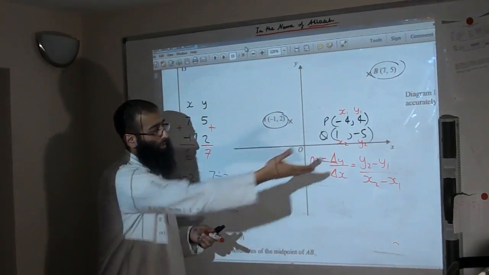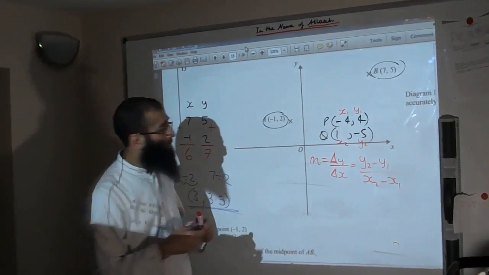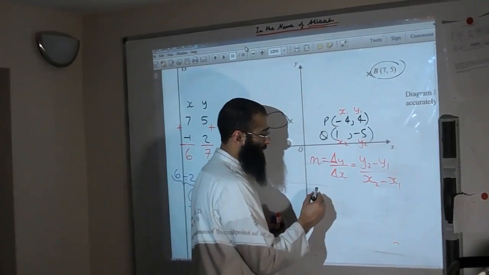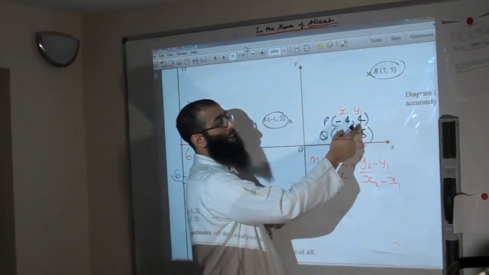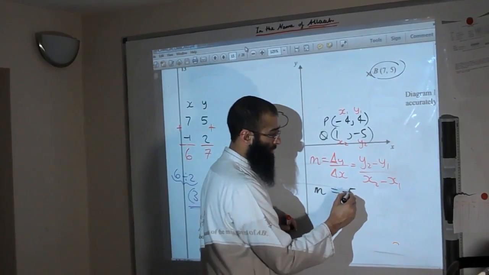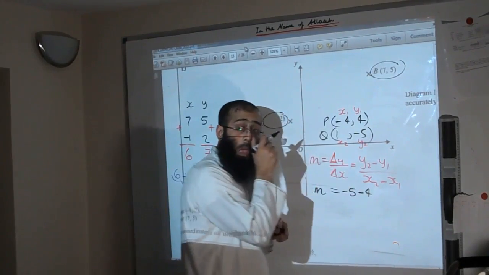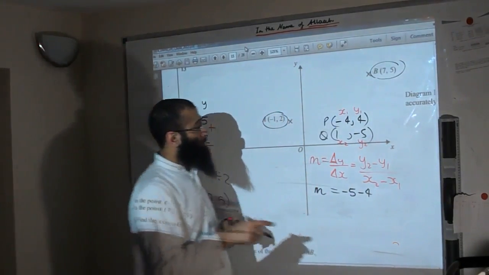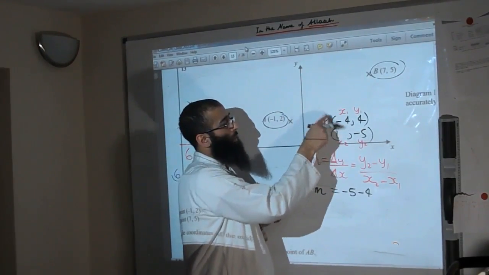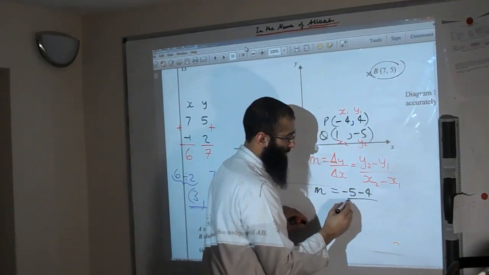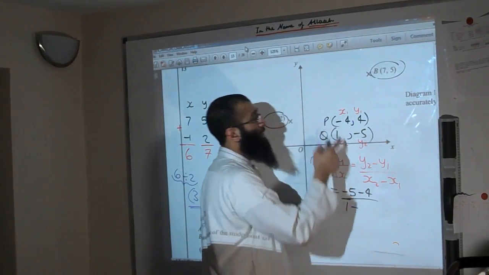So let's pop those into the formula. The gradient is equal to y2 minus y1, so minus 5 take away 4, over x2 minus x1, which is 1 take away minus 4.